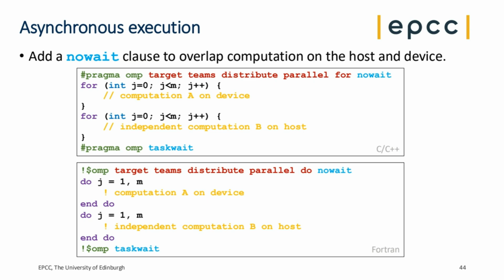Therefore, the host is now iterating through a loop B, but those iterations are being done on the host. It's just an example of how you would code the computation that takes place on the host, while computation on the device is also taking place.